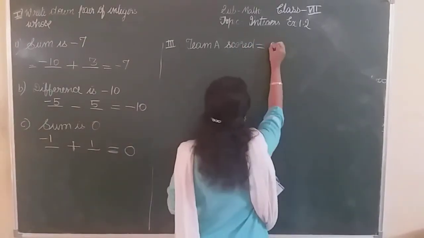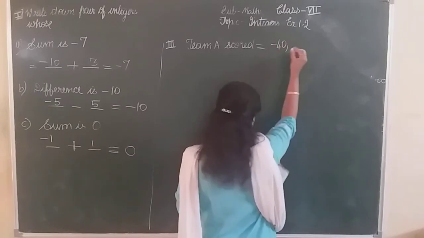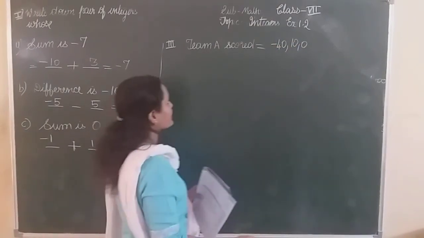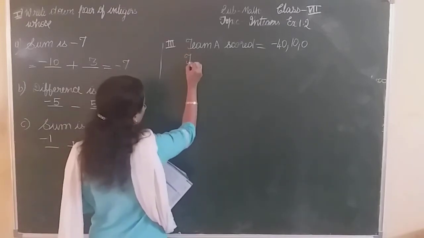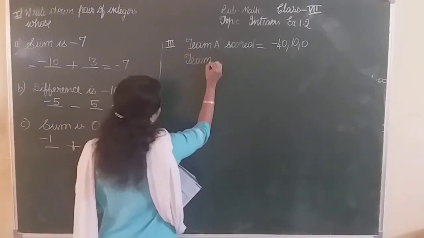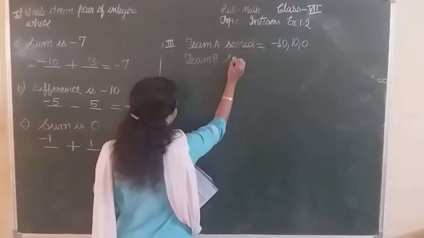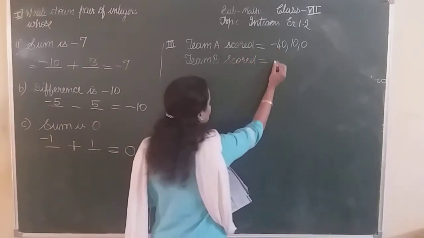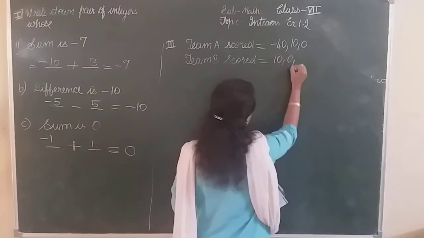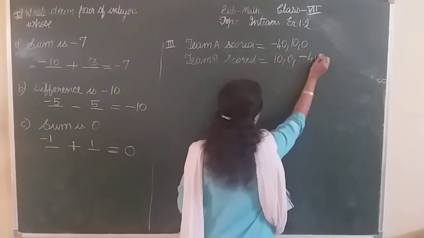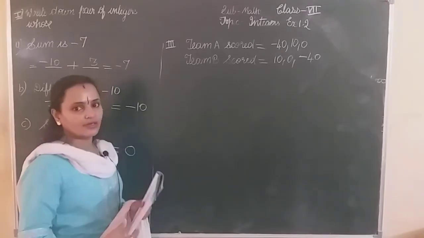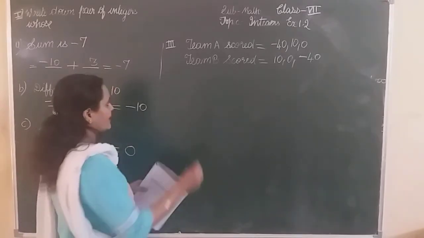They have scored minus 40, 10, 0, right? Now team B, what have they scored? Team B scored 10, 0, minus 40.